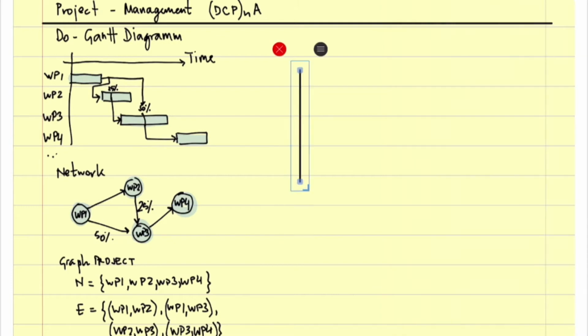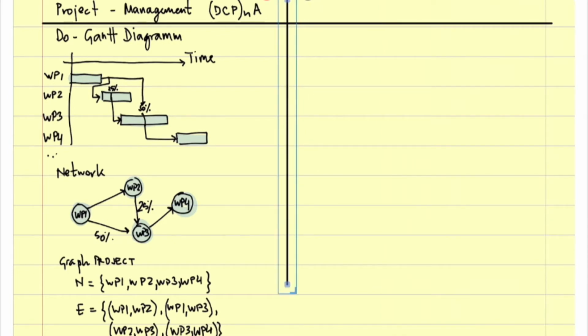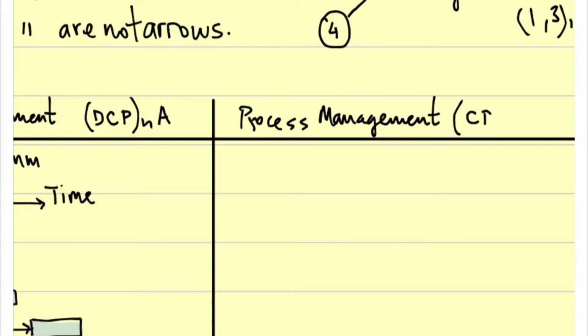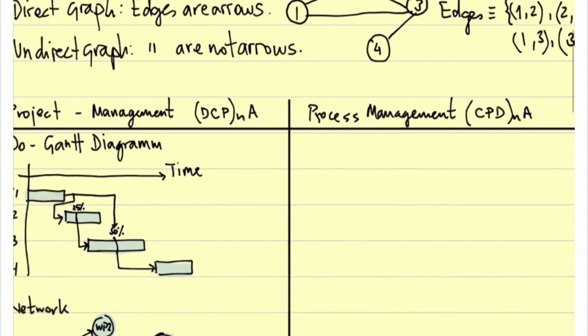We can then continue with a description of the process. So now we have the process management. In the plan, we have the current state of the process.